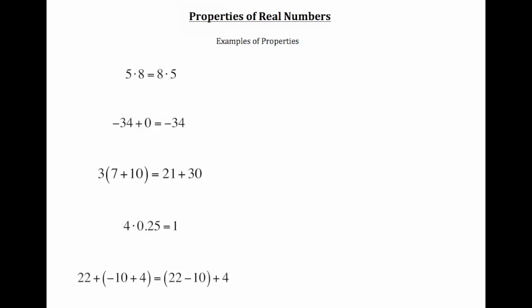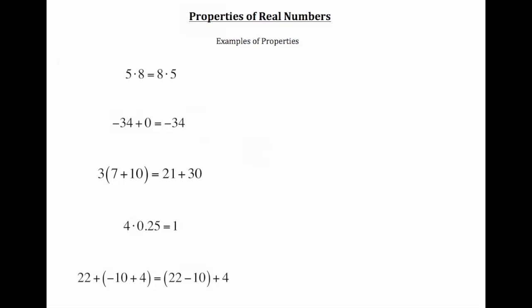Now that we have a good idea of the different properties of real numbers, let's take a look at some examples. So here we have a list of some equations, and we want to see what property they are using. So here with the first one, we have 5 times 8 equals 8 times 5. So here we have 5 times 8, and it should equal the same thing in reverse order.